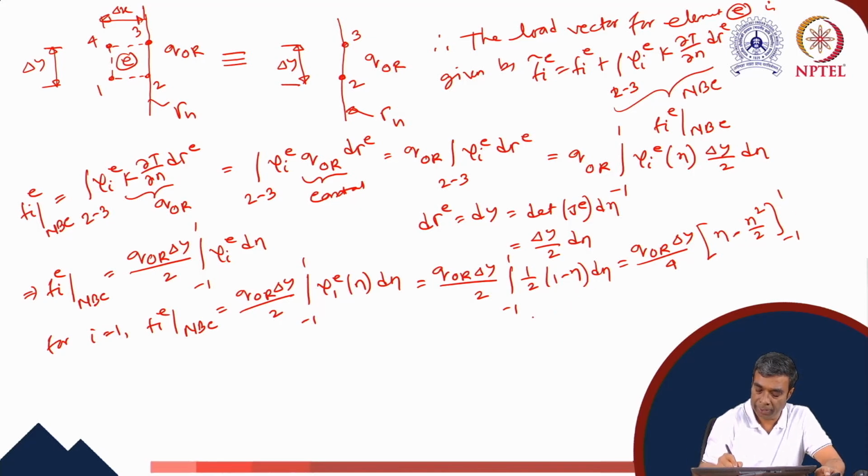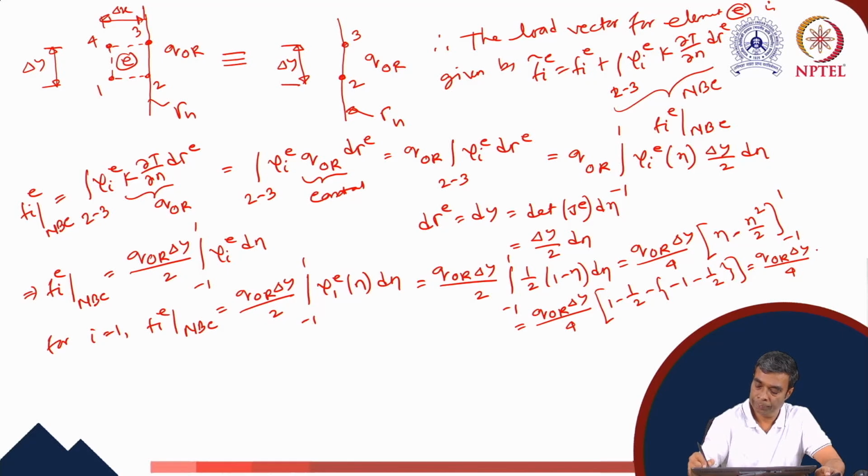This we can simplify as Q0R delta y by 4, 1 minus half minus -1 minus half, equals Q0R into delta y by 4 into 1 minus half plus 1 plus half.